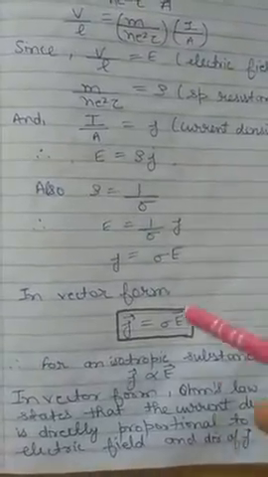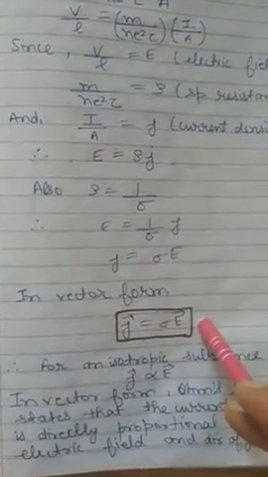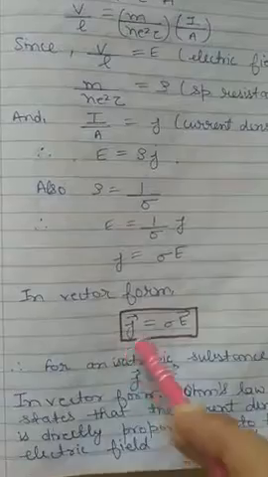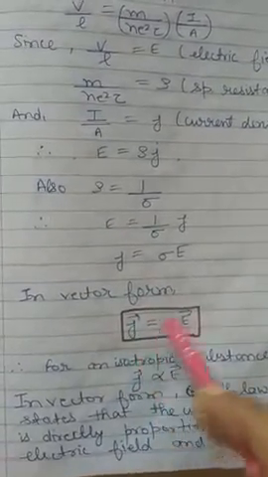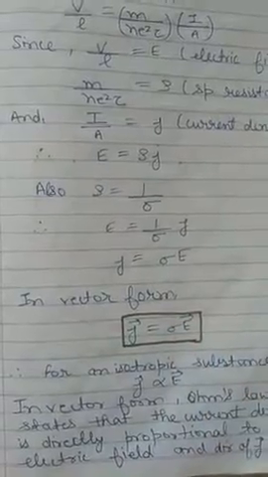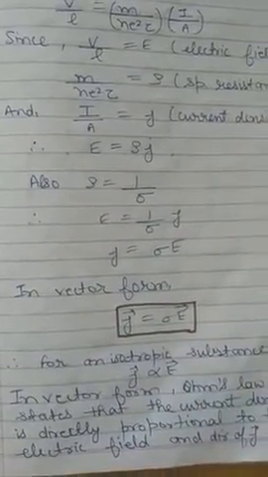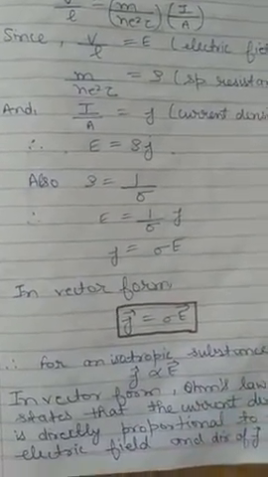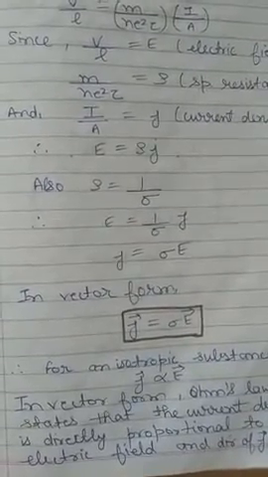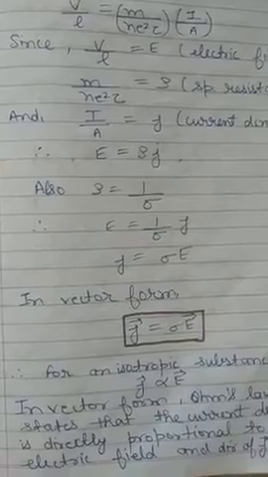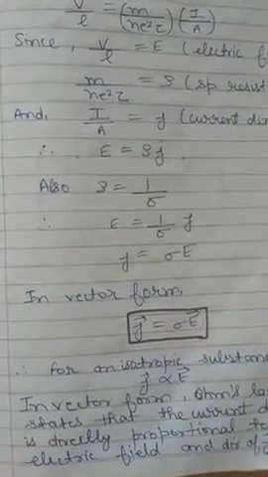Also, if J is equal to sigma into E, we can say that J by E is equal to sigma. That means the ratio of the current density to the electric field is a constant. This is how you can also write the statement for the vector form of Ohm's law: the ratio of the current density to the electric field is a constant.